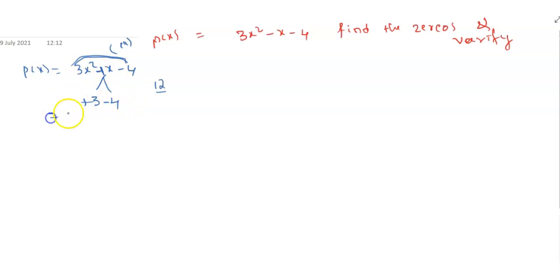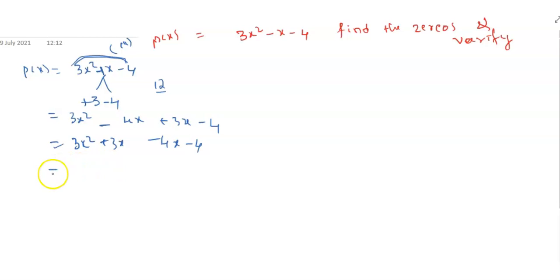So let's split that. Write 3x square, here minus 4x plus 3x minus 4. You can arrange them like this: 3x square plus 3x minus 4x minus 4.